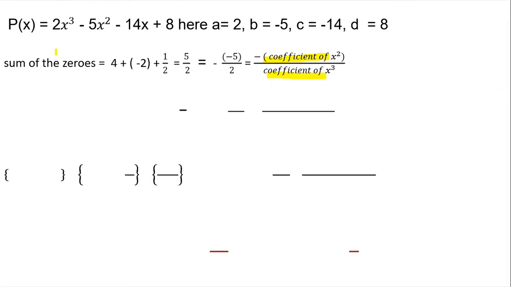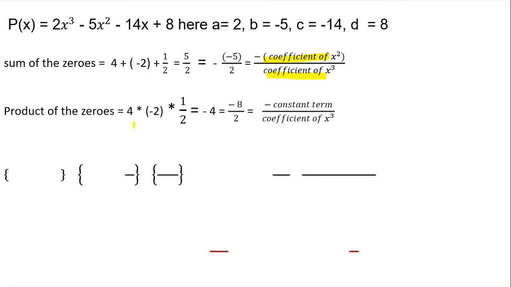In the given question, the coefficient of x squared is minus 5 and the coefficient of x cubed is 2, hence minus of minus 5 by 2, which is equal to 5 by 2. And the product of its zeros, which is 4 into minus 2 into 1 by 2, is equal to minus 4, which is equal to minus the constant term divided by the coefficient of x cubed, that is minus 8 divided by 2, which is equal to minus 4.